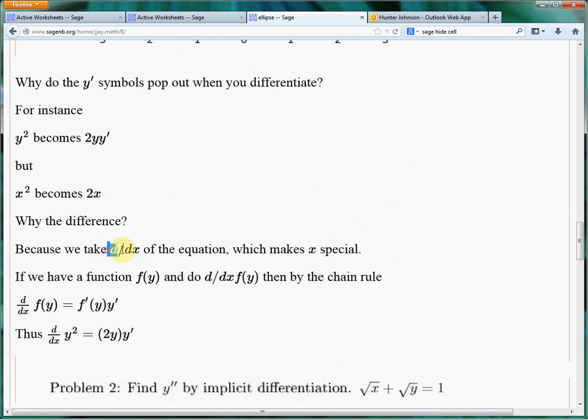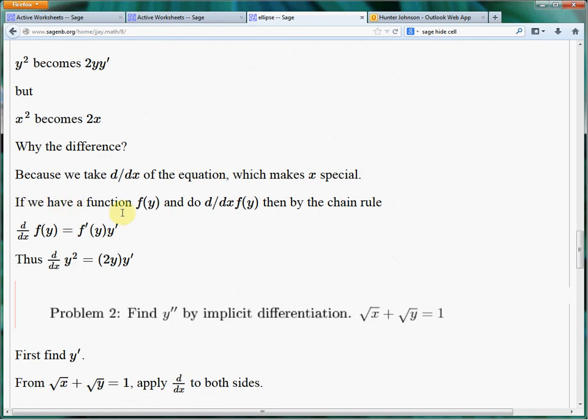So why does y have to spit out a y prime, and x doesn't have to spit out anything? The reason is that we were taking d dx of both sides, which means the derivative with respect to x. This d dx makes x special: x is the variable, so its derivative is just 1. But if you have a function of y, like f of y, so in your head you should be thinking y squared or something, and you take its derivative with respect to x, then the chain rule says the derivative of the composition is the derivative of the outside function with the original inside, times the derivative of the inside.